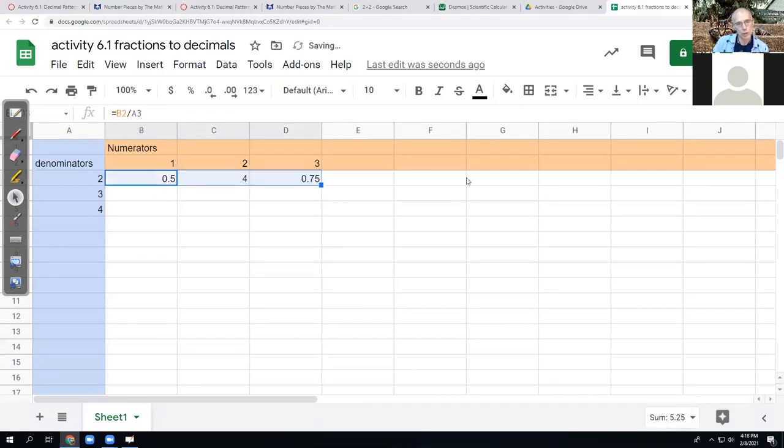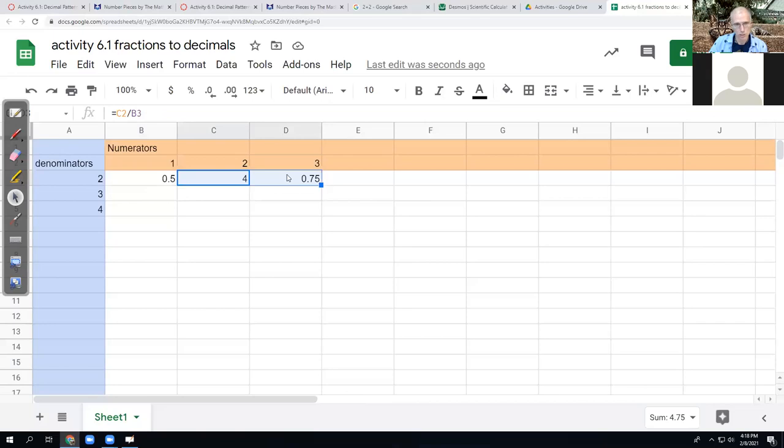What happened with the autofill is, right now, the numerator is right above me. And in the next cell here, the numerator is right above. That's cool. But it switched the denominator from column A to column B. And over here, it picked the right numerator, but it switched the denominator from column A to column C.